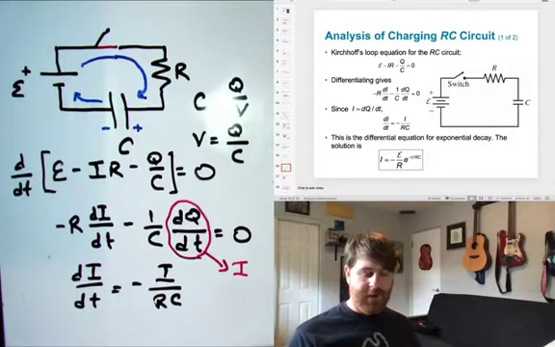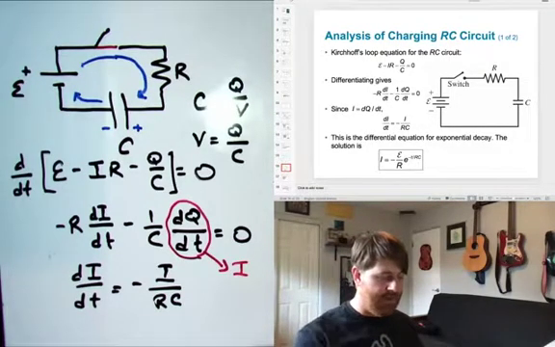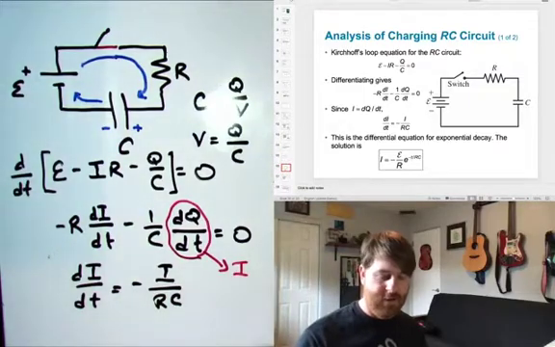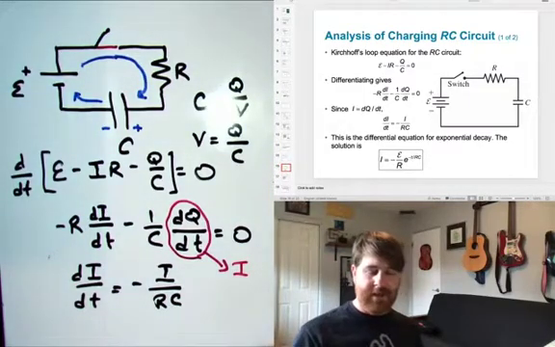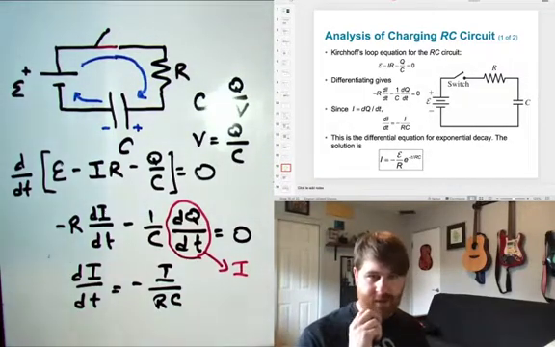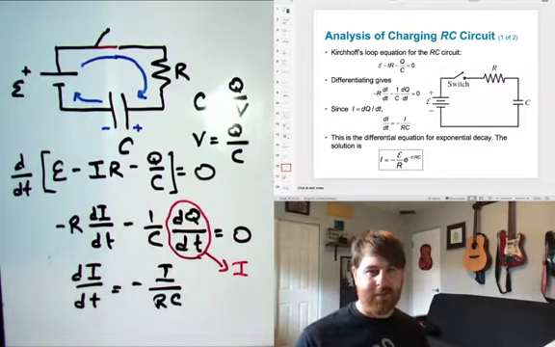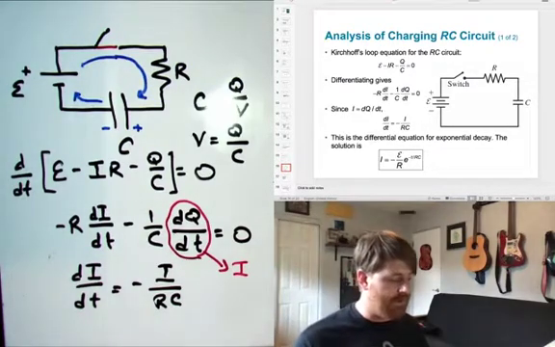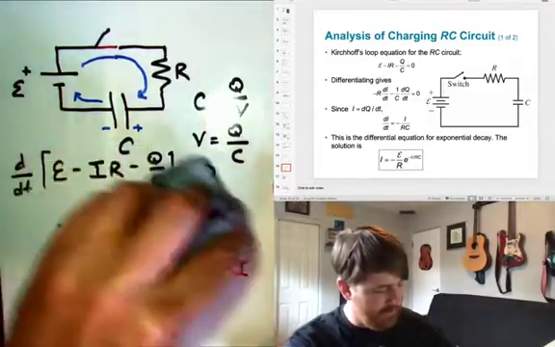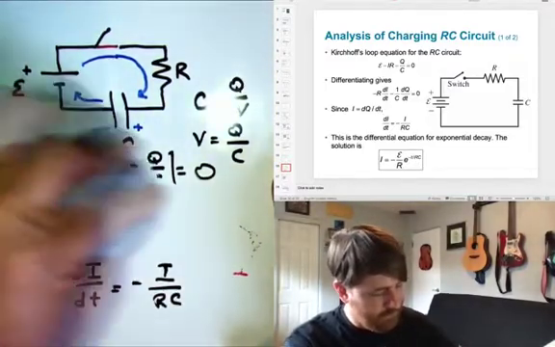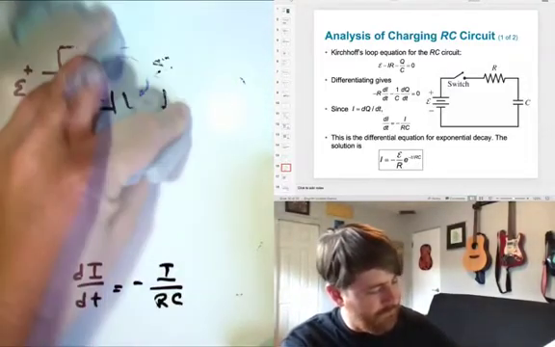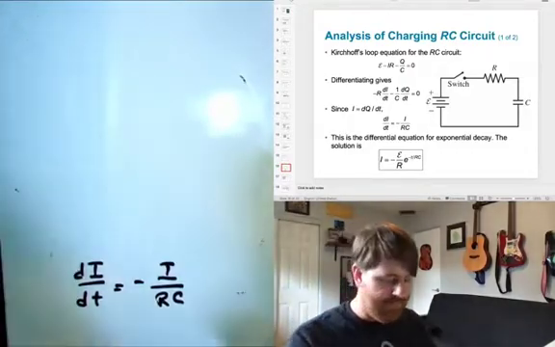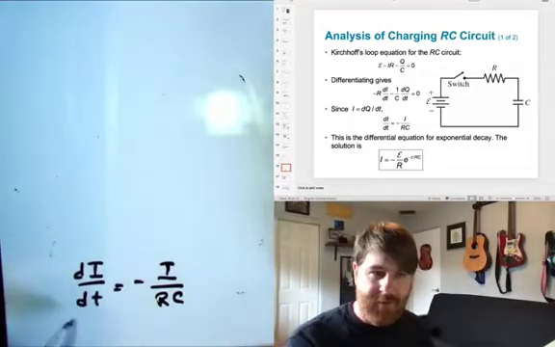I know that most of you haven't taken differential equations yet. So let's look at how we can determine that that's true. And an easy way to do that is to separate the differentials and then integrate both sides. It's called separation of variables. So I'm going to erase this. And I'll leave this expression, and I'm going to rearrange this.